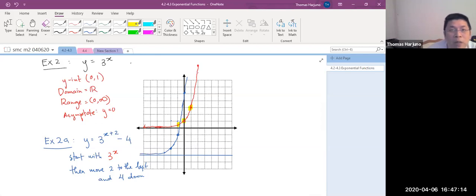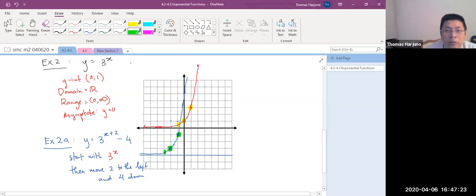Now notice that my 3 important coordinates that I said earlier now move to this guy, and this guy. So I use these 3 yellow color coordinates here, and move these 3 coordinates to give me the framework for the new place of 3 to the x plus 2 minus 4.